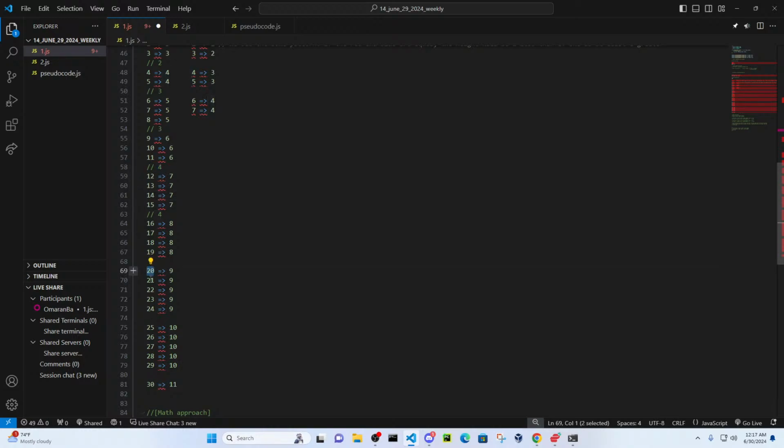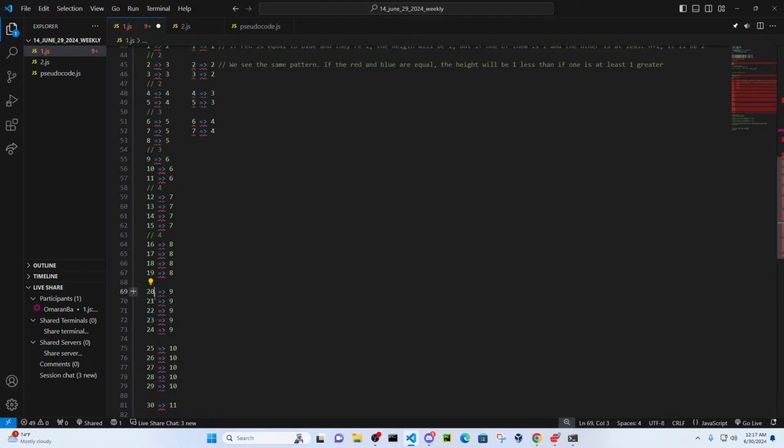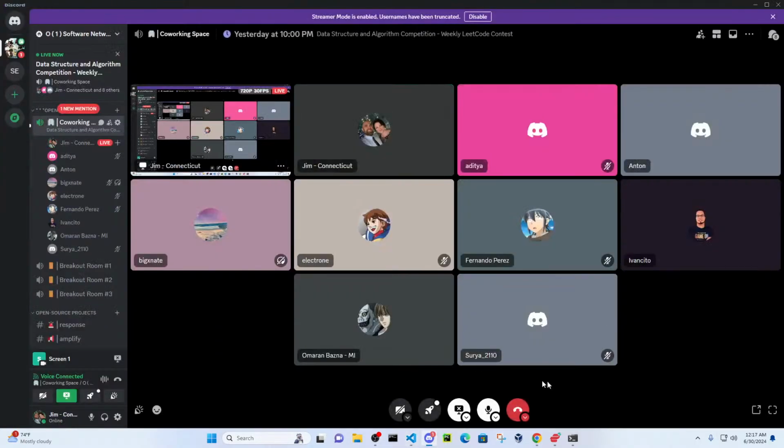The square root of 20 would be 4 point something, and if you round it up, it'd be 5, so you know the value is going to repeat 5 times. So that's one side, using the square root to determine how many times the actual height is going to repeat. The second half of the formula would be determining how to get this value based on this. That's another formula, but if you combine them, you'd have the answer.